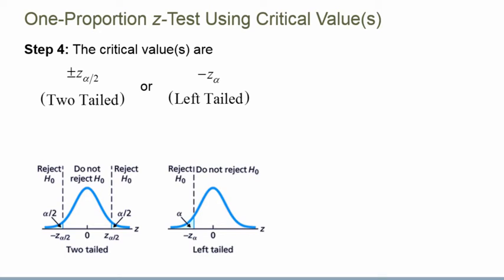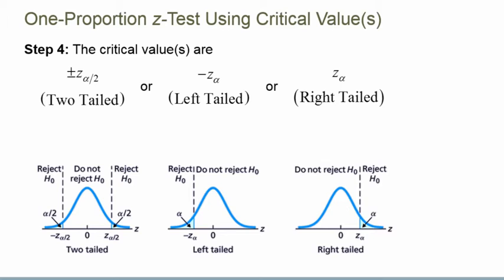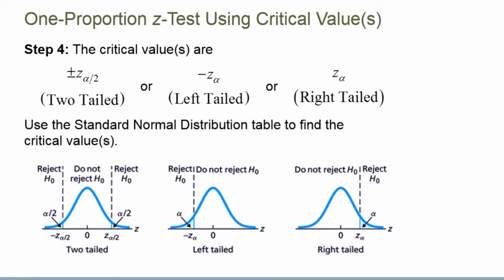Or negative Z sub alpha for a left-tailed test, where the rejection region is the area to the left of negative Z sub alpha. Or Z sub alpha for a right-tailed test, where the rejection region is the area to the right of Z sub alpha. Use the standard normal distribution table to find the critical values.